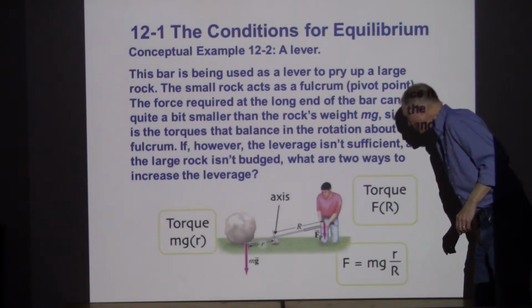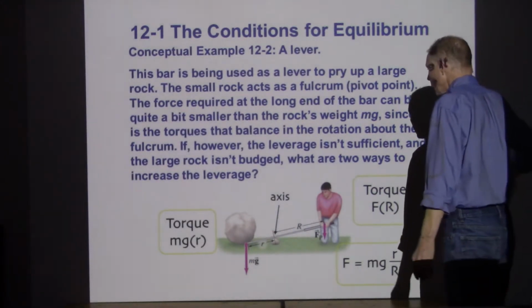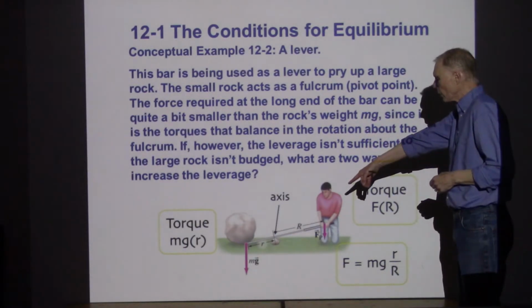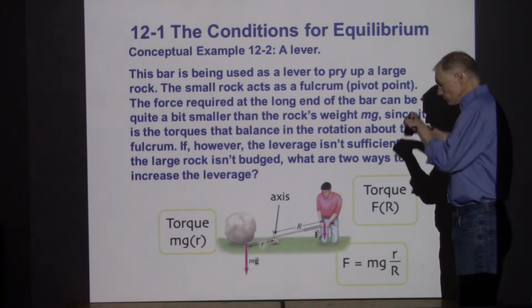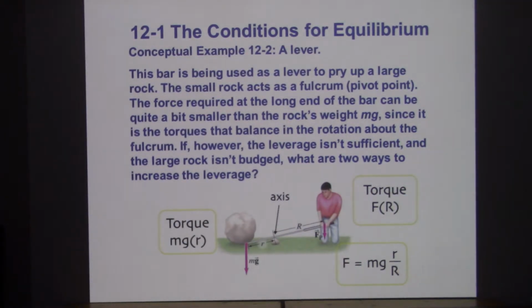The person has to push with mg little r over big R. And if we can make the lever distances really big, if we can make big R really large, then the person can lift this really, really heavy rock. If big R is 10 times as big as little r, then this person only needs 1/10 of the force to lift the rock.